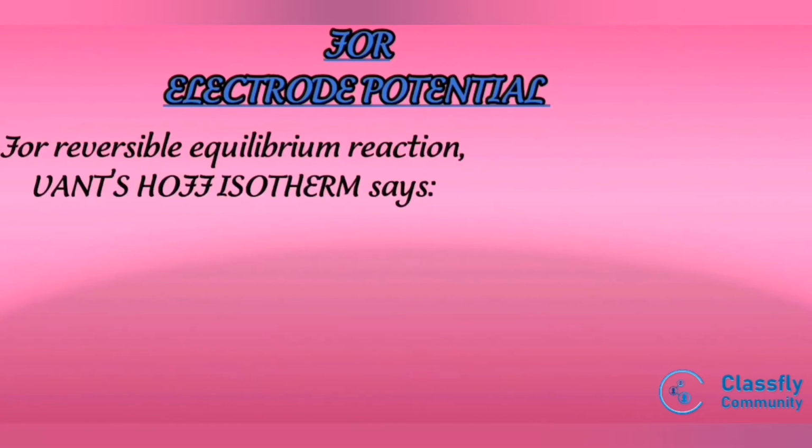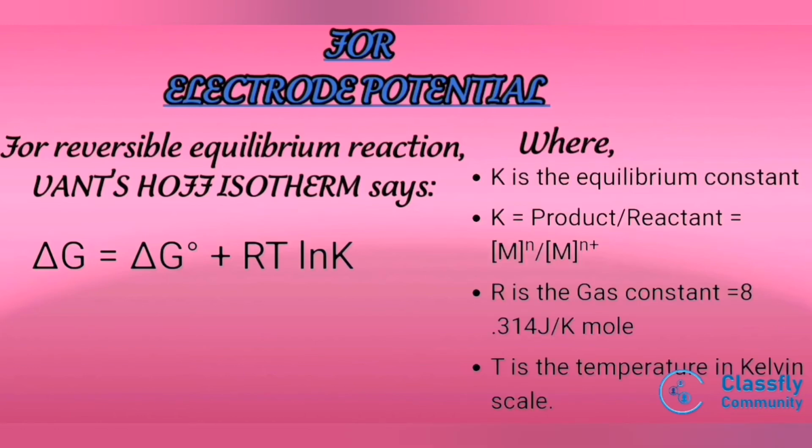For a reversible equilibrium reaction, the Van't Hoff isotherm says delta G equal to delta G0 plus RT ln K, where K is the equilibrium constant, that is product by reactant equal to M divided by Mn+. R is the gas constant, that is 8.314 joule per Kelvin mole. T is temperature in Kelvin scale.